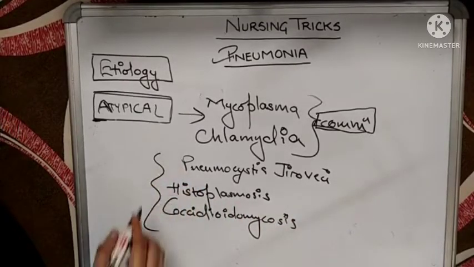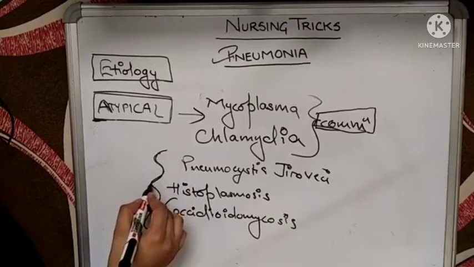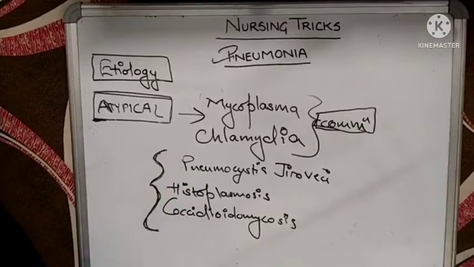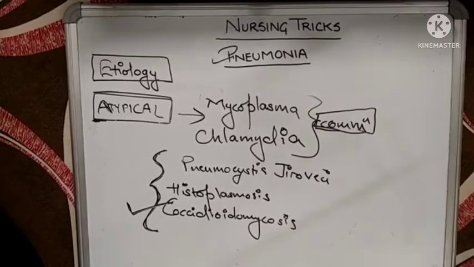I have seen this question: out of these organisms, which organism is responsible for causing the pneumonia in the immunocompromised children? In that particular question, coccidioidomycosis was there, and that was the correct answer. So this is the way how you will get the questions out of these particular topics.